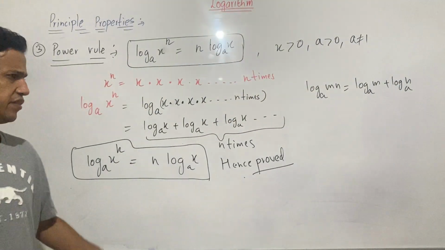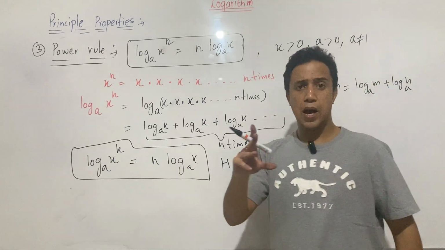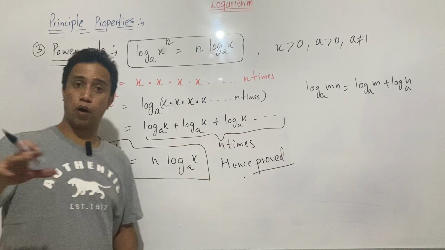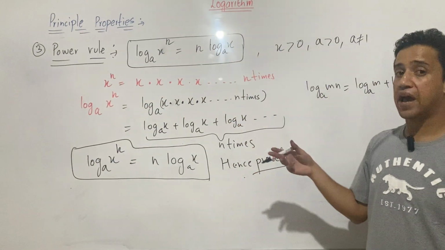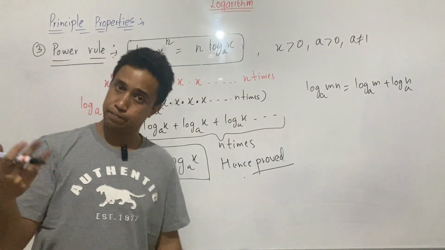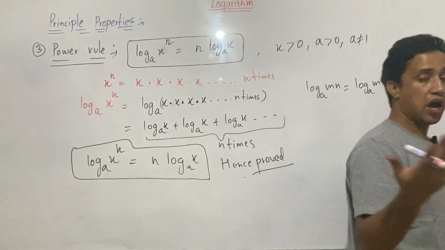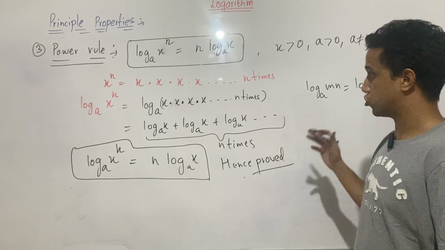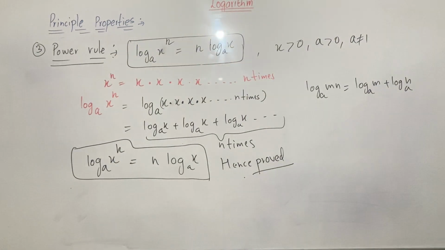I don't remember in the previous properties 1 and 2, and there the conditions are going to be the same. Because in the product rule and in the quotient rule we used m and n, both are going to be positive real numbers, and a should be greater than 0, and the base a should not be equal to 1. Okay, so that's it about the power rule.